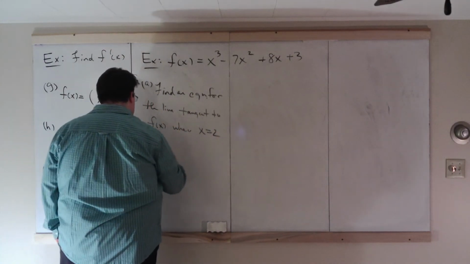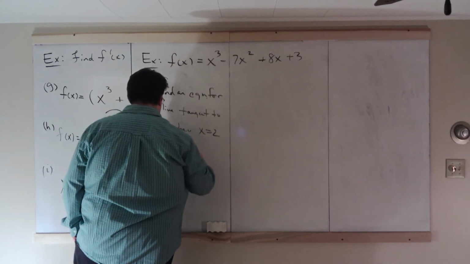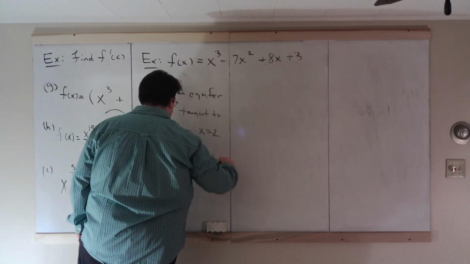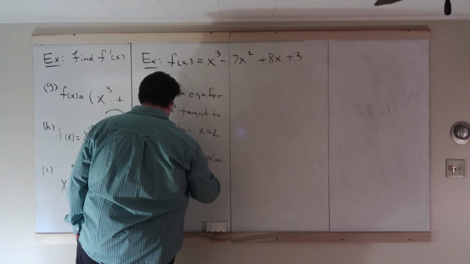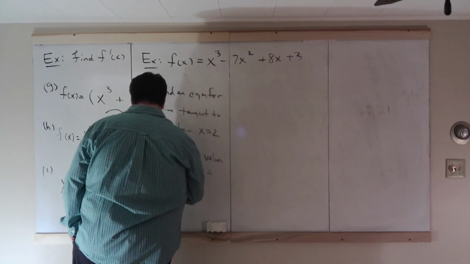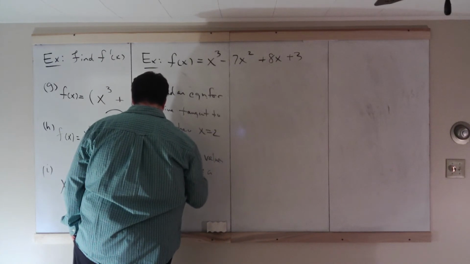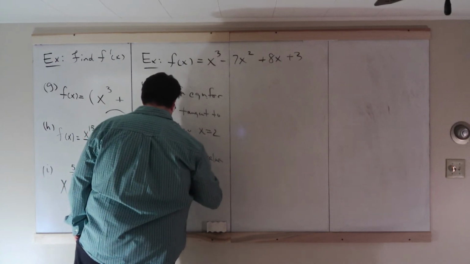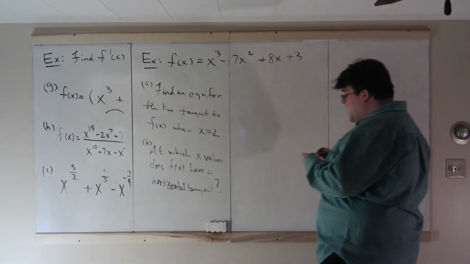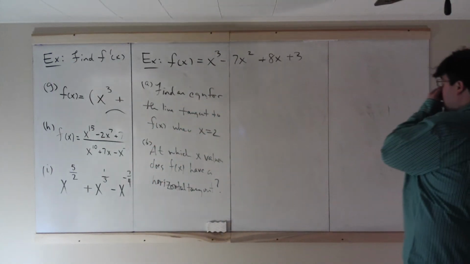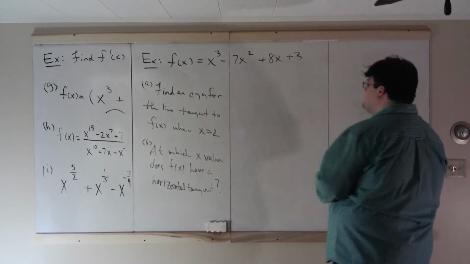Part B, at which x values does f of x have a horizontal tangent. So first one, we want an equation for a tangent line. Second one, we want the x values at which the function has a horizontal tangent.